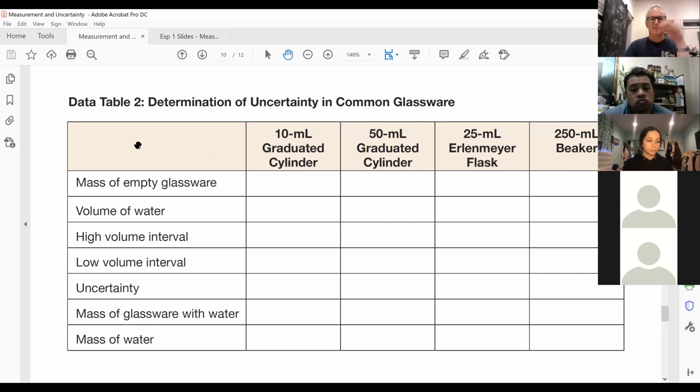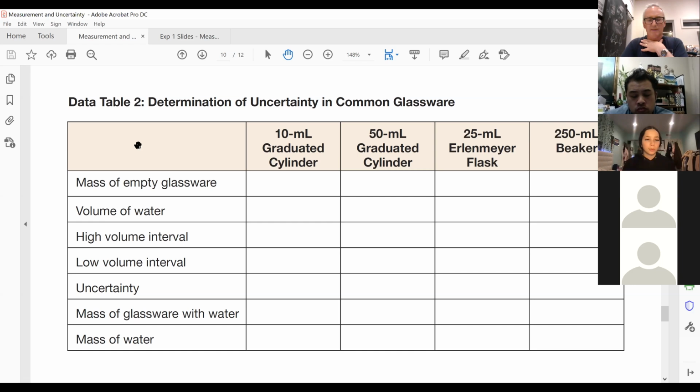So you put approximately 7 mils in the cylinder. The first cylinder, was it 30 or 24 in the second one, 17 in the third, and like 35 in the last one. So these are all going to be your best estimate, and then you'll find that your precision is going to go down, down, down the further you go across the table.